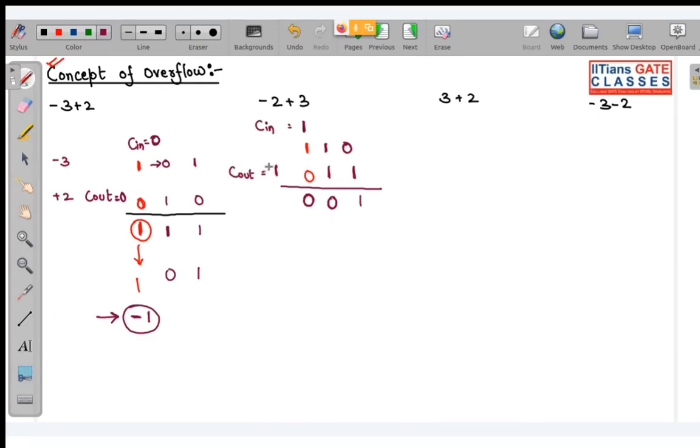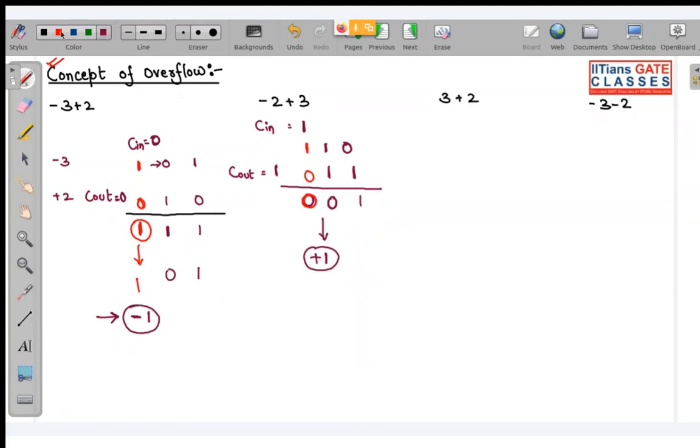When carry is generated, that means it is a positive number, and this is also shown by the sign bit which is coming out to be 0. If you want the original number, there is no need to take the complement because this is a positive number. So this comes out to be plus 1, and we also know that minus 2 plus 3 always gives plus 1.